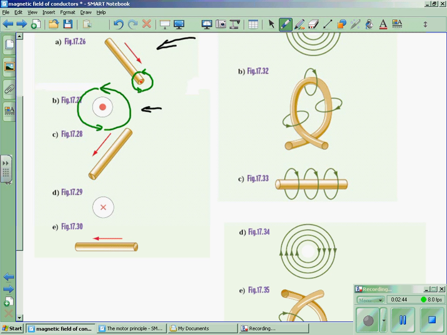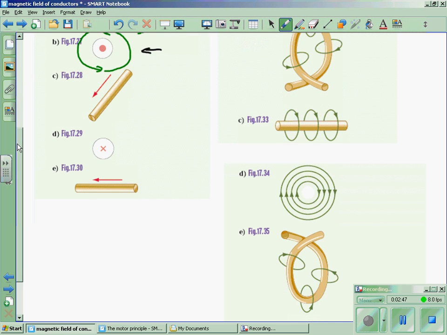On the contrary, if you take a look at this diagram over here, you'll notice that there's an X in the middle of that cross-sectional piece of wire. The X denotes that the current is traveling away from you, and in this case, towards the screen. So if current is going away from you, once again, you're going to wrap your right hand around the wire so that your thumb is pointing away from you.